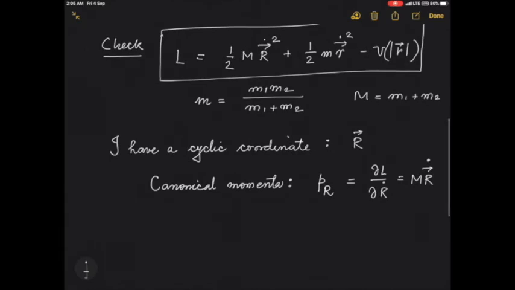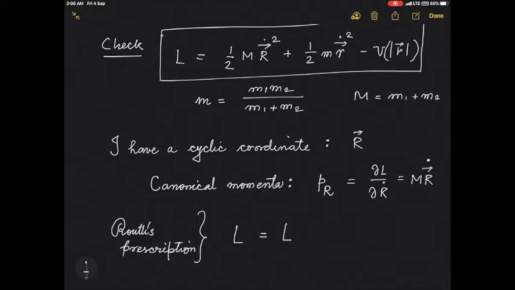And I use Routh's prescription to write a modified Lagrangian, the third incarnation of the Lagrangian, and this is the old L. Let me just write this with a bar, which I will remove later on. This should be this minus P R times R dot. Go look at the Routh's prescription that you have learned.